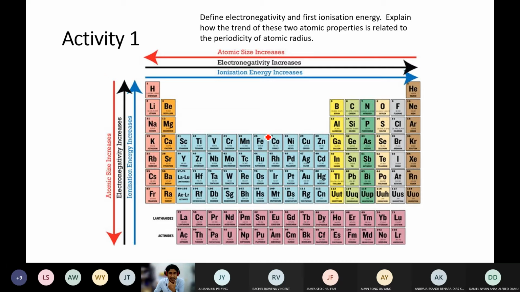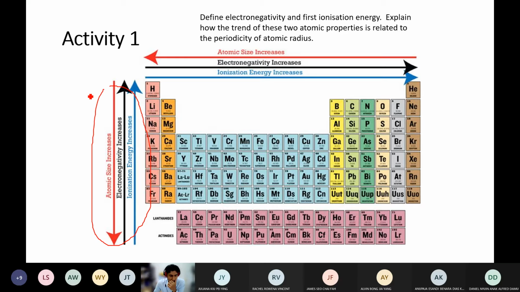In a simple slide, to summarize: atomic size increases from right to left, electronegativity increases from left to right, and ionization energy as well increases from left to right, because ionization energy and electronegativity are the energy required to remove one electron or attract one electron from an atom.